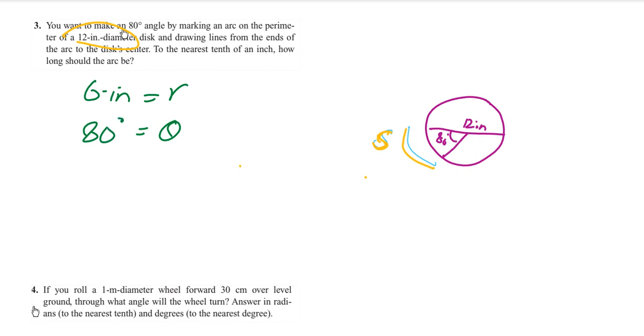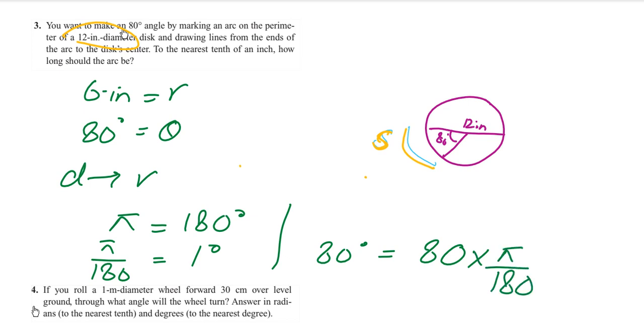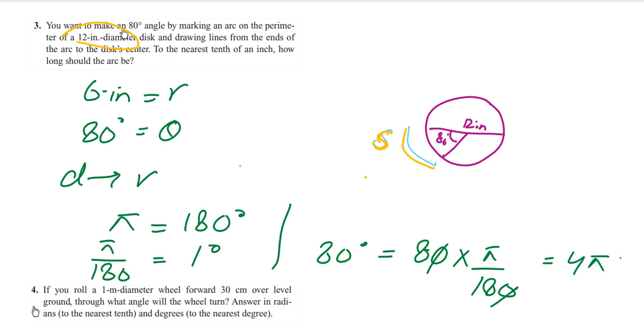We need to convert it into radians, degree to radian. Four pi over 9 is the angle in radians.